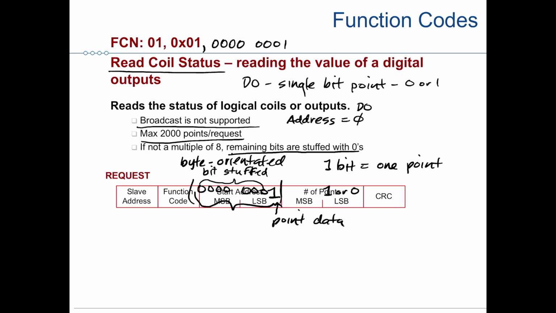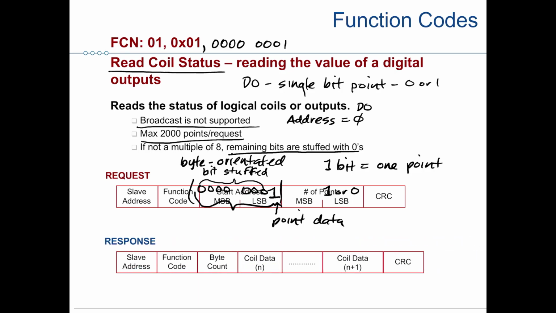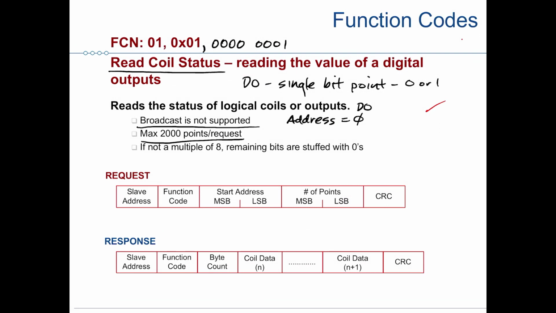If we were to look at the request, I just cleaned that up so we can see the request and the response. When it comes to the request, each and every one of these boxes that make up the formatting of the request is just like what you see in your Modbus handout.